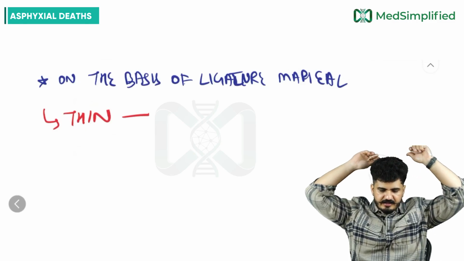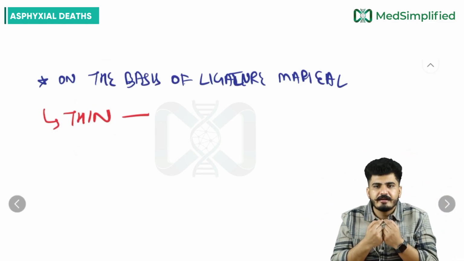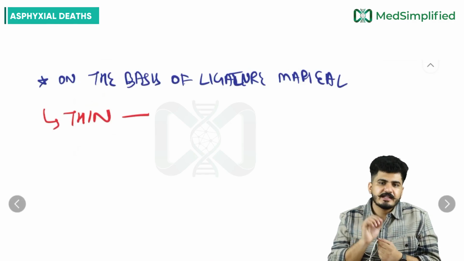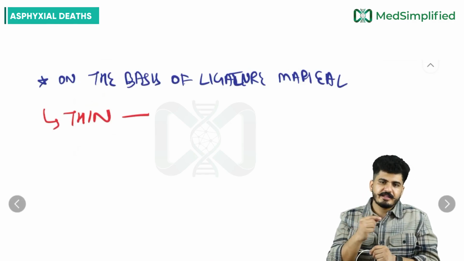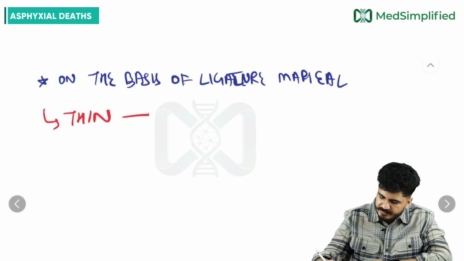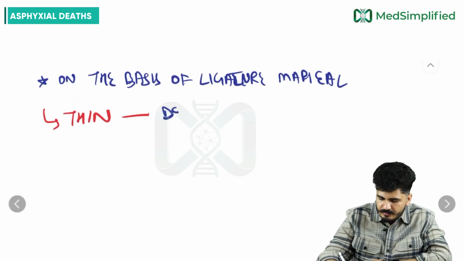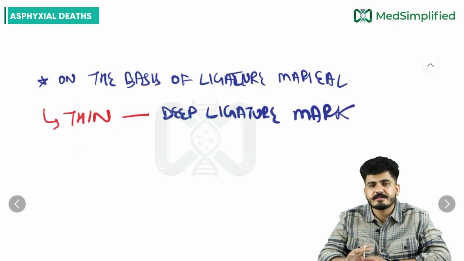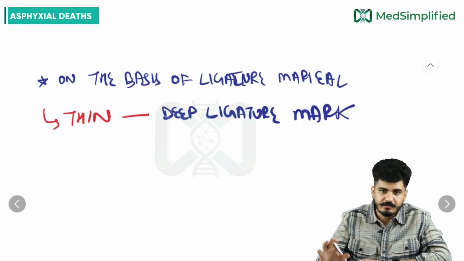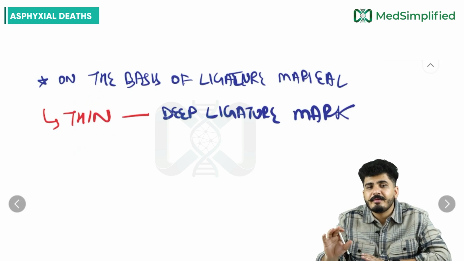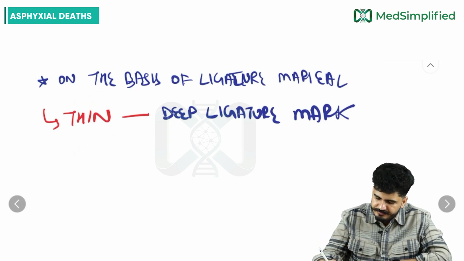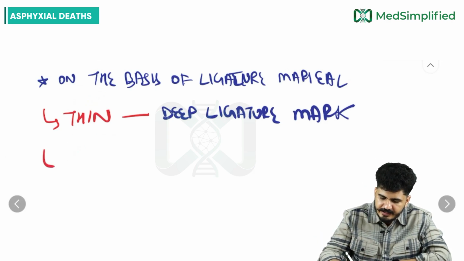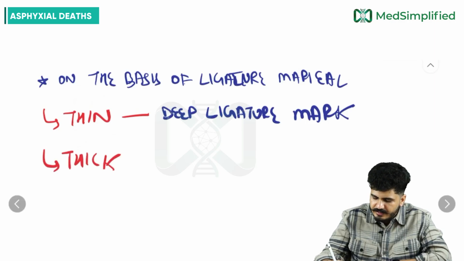If thin material is there, it can penetrate the skin very, very easily. That is why deep mark will be there. So there will be a deep ligature mark. So with this, the medico-legal importance will be, you will come to know about the type of material which is used. If the ligature material is thick, there will be a superficial ligature.